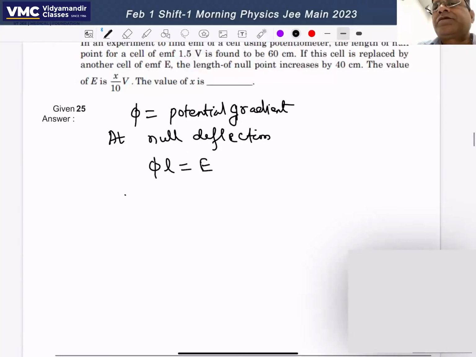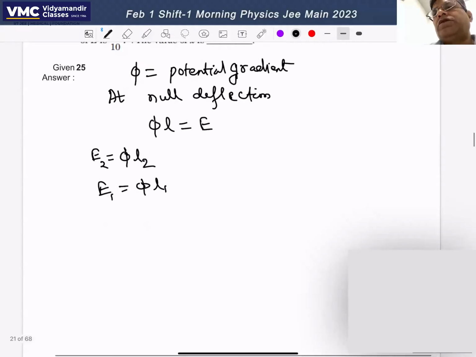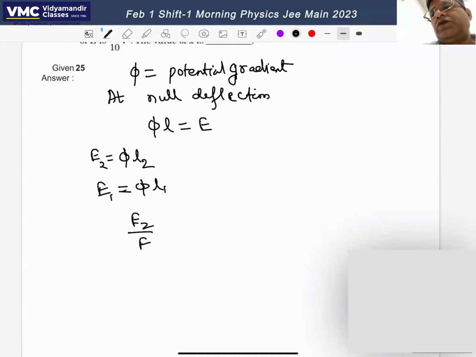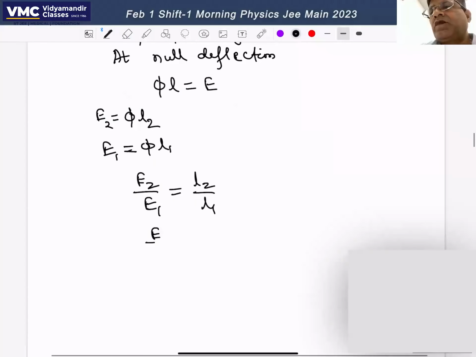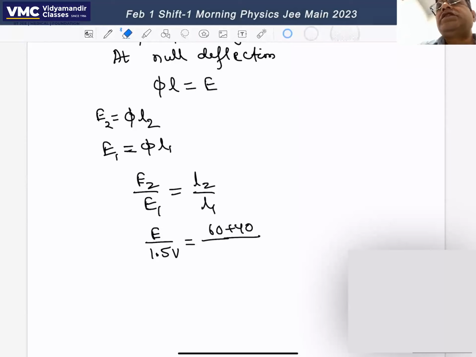For this, E2 will be phi L2 and E1 will be phi L1. Taking this ratio, E2 by E1 will be L2 by L1. Here, E2 is E and E1 is 1.5 volt. L2 is 60 plus 40 and L1 is the initial balancing length, that is 60. So it comes out 10 by 6, that means 5 by 3.